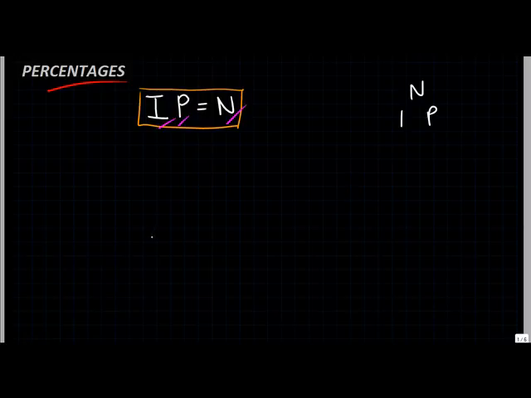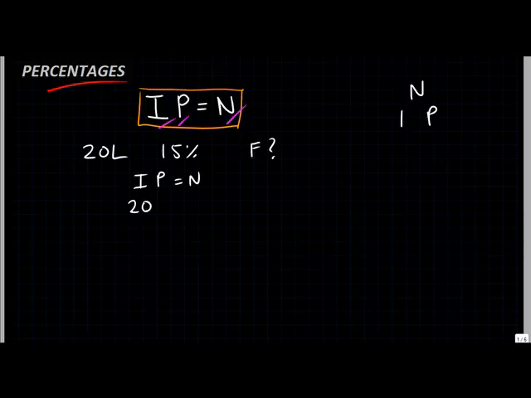Let's say you fill your car up with 20 litres of petrol, and you drive somewhere and use 15% of the fuel. The question is, how much fuel is remaining? As I said, there's always some sense of time passing in a percentage problem. In this case, the initial amount is 20, so we've got I times P is equal to N. The initial amount of petrol is 20 litres. The percentage change is a decrease of 15%.